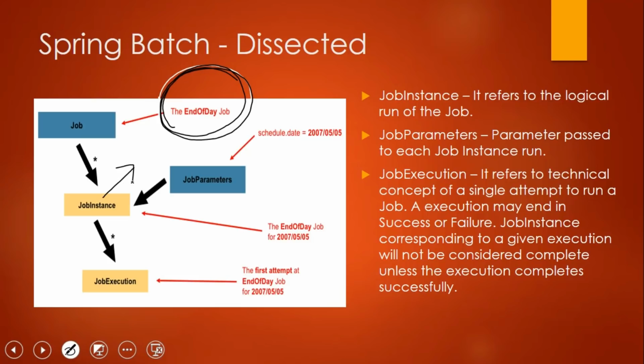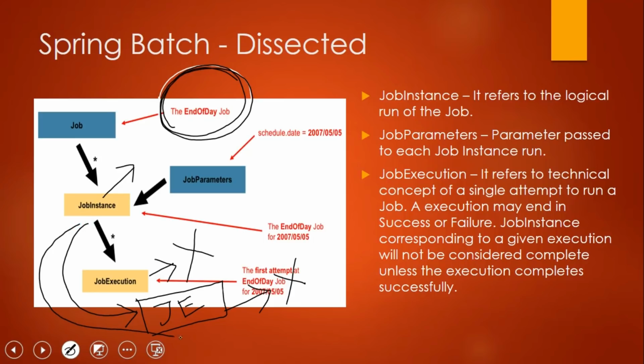For example, if this job execution fails, a new job execution will be created and executed. Even if it fails, it will check the retry limit. If the retry limit is 3, it will create one more job execution, and assuming the job execution succeeds, it will update the job status as success in the job repository.